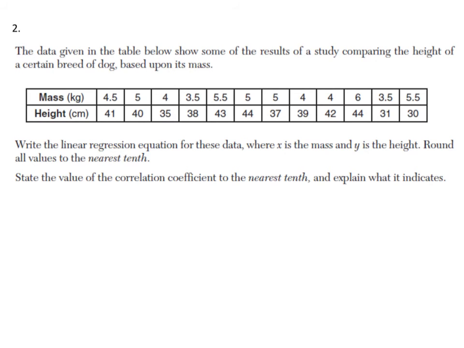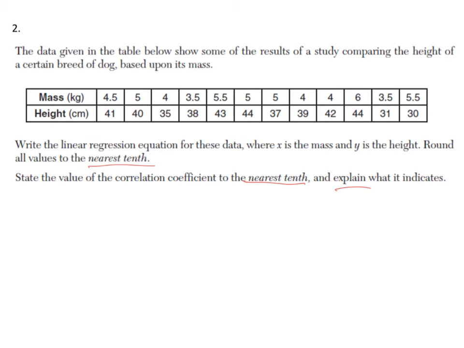Okay, so now we got this. The data given in the table below shows some of the results of a study comparing the height of a certain breed of dog based upon its mass. State the linear regression equation for these data where x is the mass and y is the height. Round your values to the nearest tenth. And then it says state the value of the correlation coefficient to the nearest tenth again and explain what it indicates.